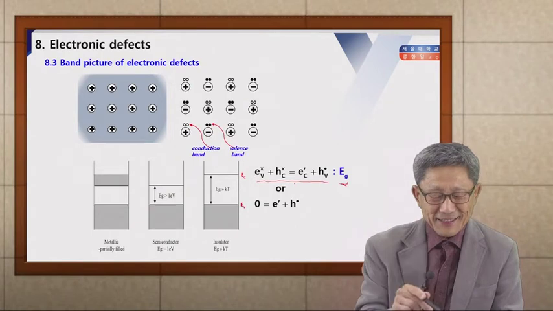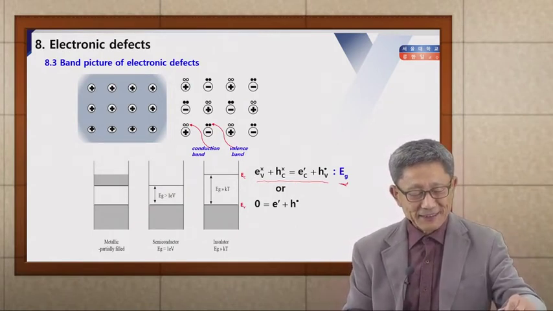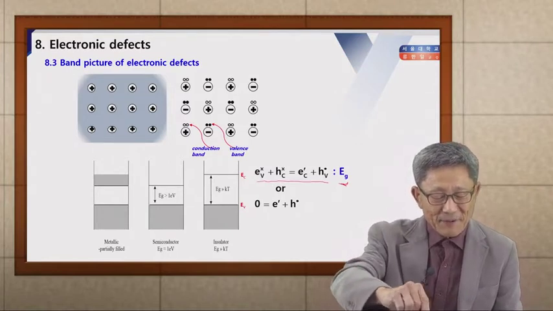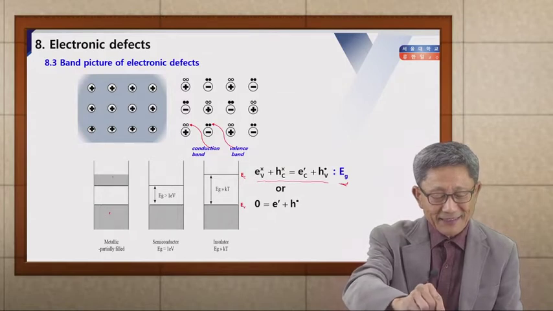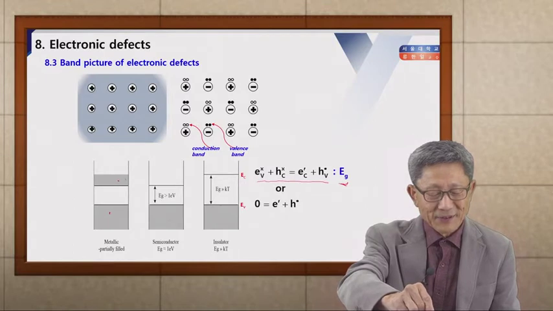Actually, all bonds can be represented in terms of the electronic band. The uppermost bands consist of the valence band and the conduction band. For the case of metallic bond, you have already filled up the valence band, and the extra electrons are partially filling up the conduction band.